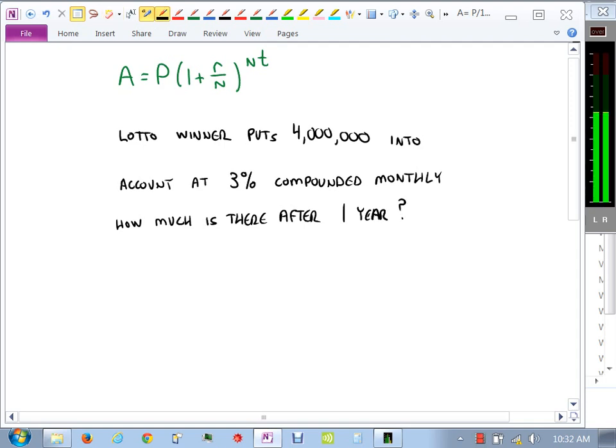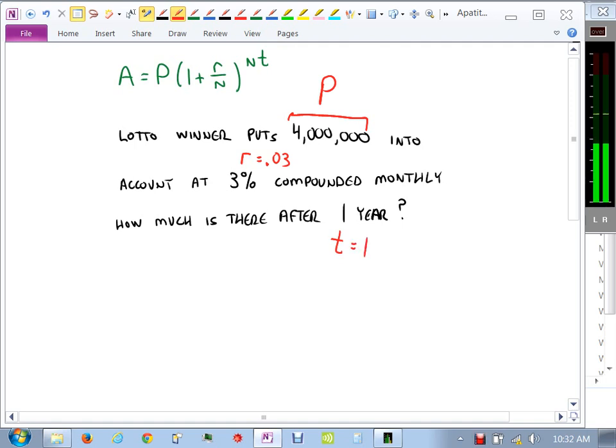Normally I wouldn't ask something like this on a test, but I just want to show you something here. So how much is being put in to start? 4 million, right? P. What's the interest rate? 0.03, right? What's the time? 1 year.